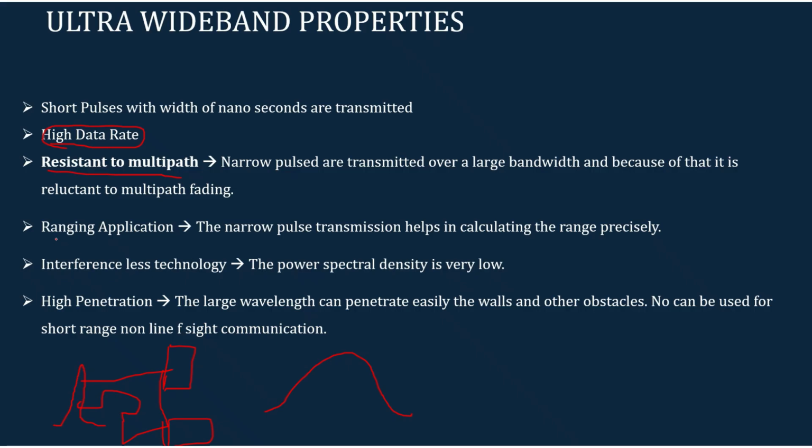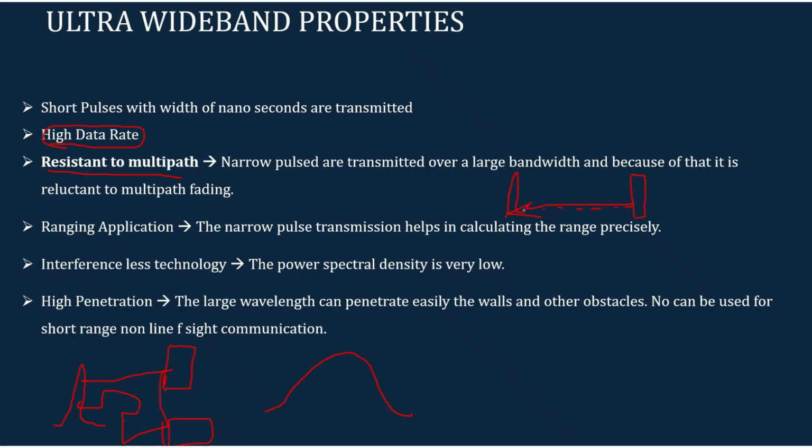And it can also be used for ranging applications. This also holds because of the very narrow pulse. As we are transmitting a very narrow pulse, we can use it for ranging applications. That is, it can be used like a radar application to find the distance to an object. When this pulse is transmitted, it will hit the object and come back.